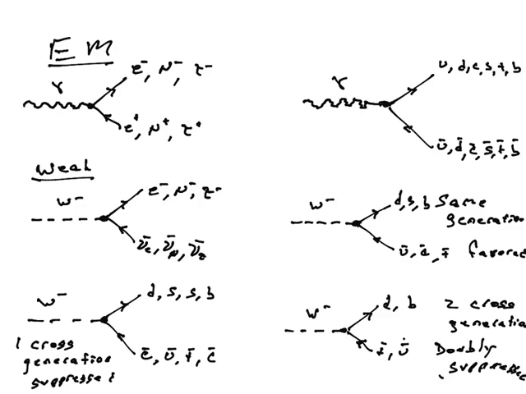Neutral current. Just like the photon one, the Z can do the same kind of thing. So Z naught, that's the neutral guy for the weak. And what can we have? Well, if you remember the photon, electron and positron, muon and anti-muon and so forth, same exact thing here. Electron, so these are the normals, these are the antis. Electron can become a positron, muon can become an anti-muon, and a tau can become an anti-tau.